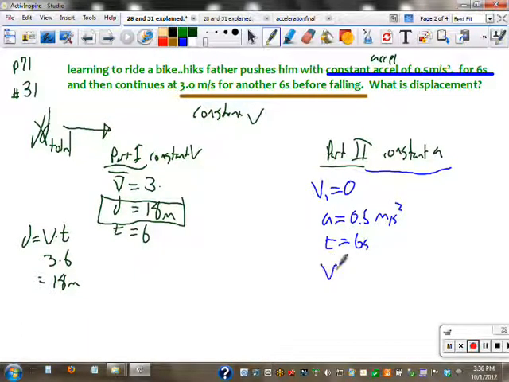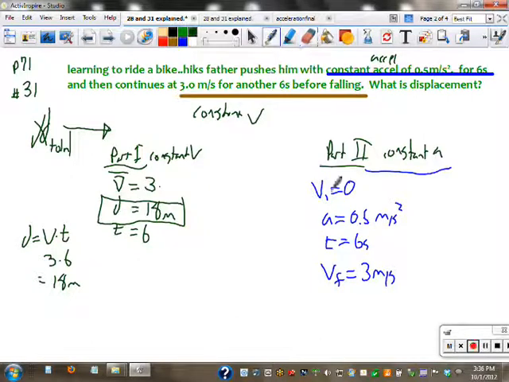And we actually know velocity final, because after the father was done pushing him, he was moving at 3 meters per second. So that means starting from rest, he was moving at 3 meters per second. That's the final. So do we have everything that we need to find distance? Well, we have 2 choices. We can use either formula.